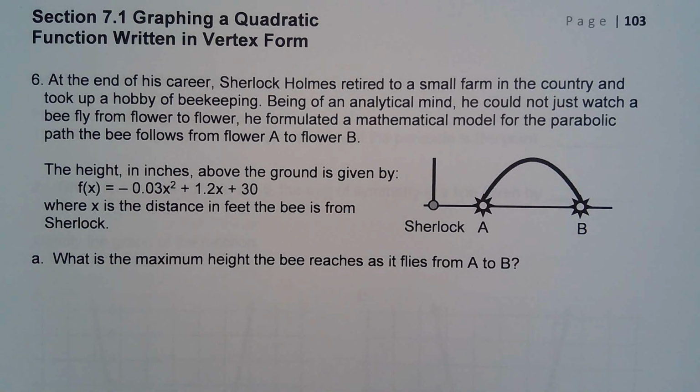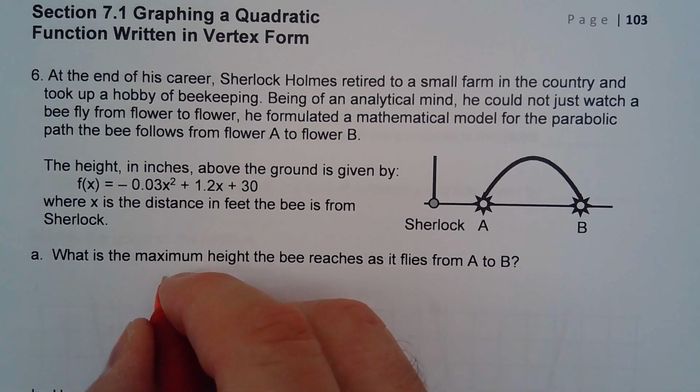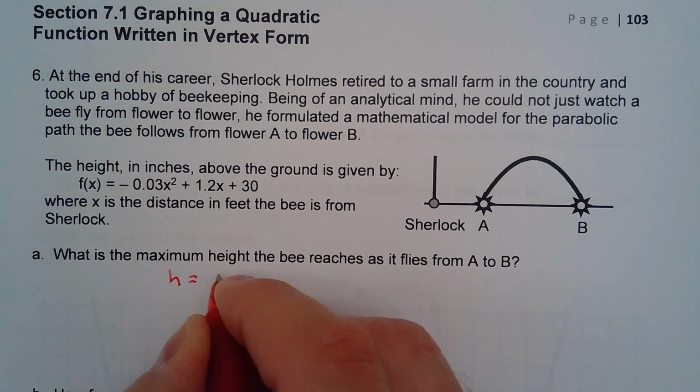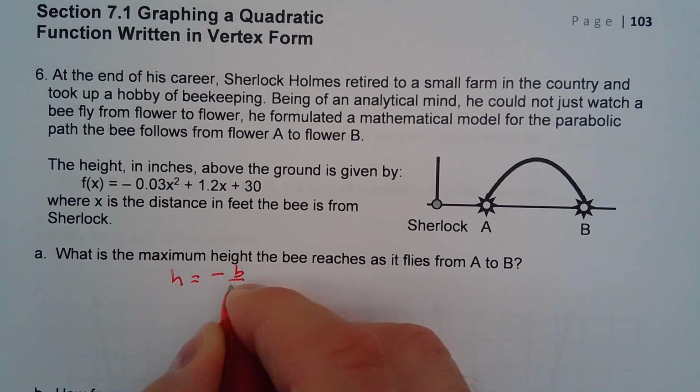Now, anytime you're working with a quadratic function, and they ask you to find a minimum or a maximum, you want to immediately think, I have to find the vertex. So the first thing we're going to do is find the vertex. So I'm just going to calculate h, which is the opposite of b over 2a.